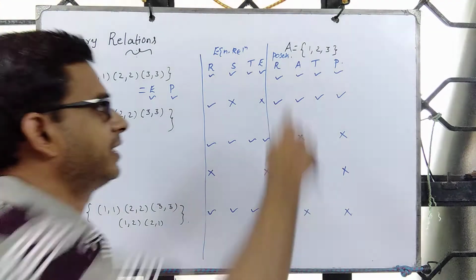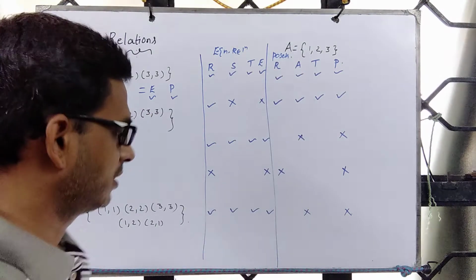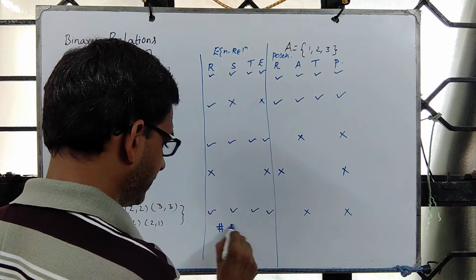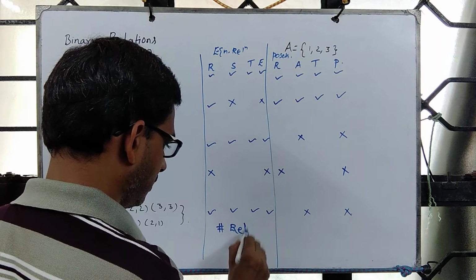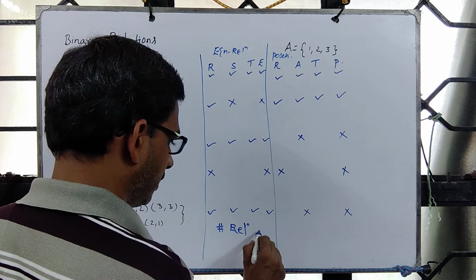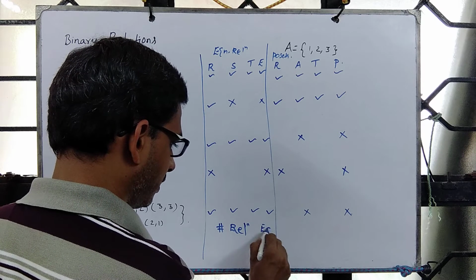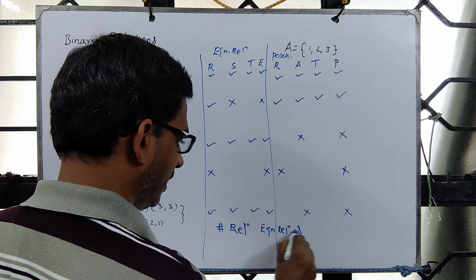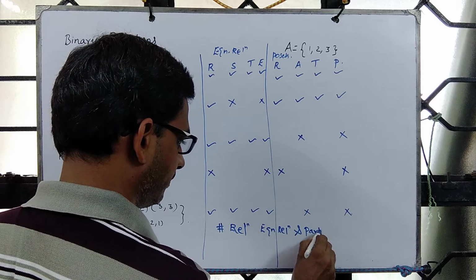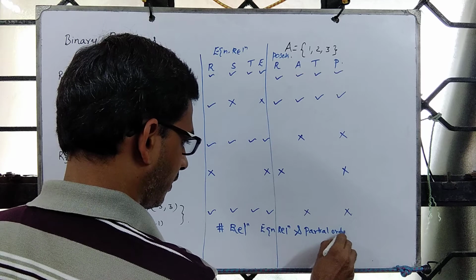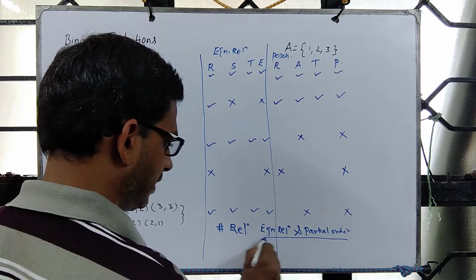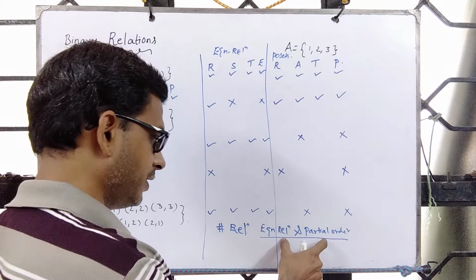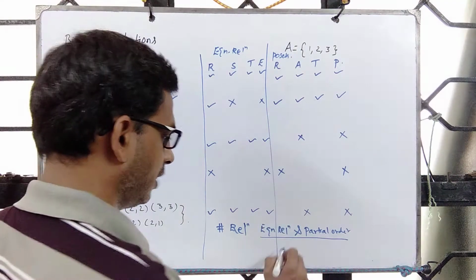So given a set on n elements, you are asked to count the number of relations which are both equivalence relation and partial order, that is, relations satisfying these two properties. How many are there?